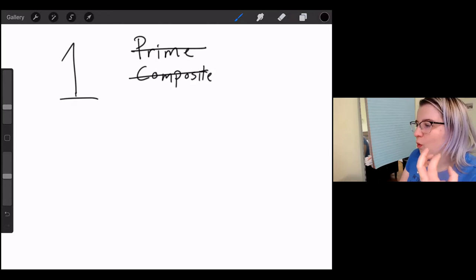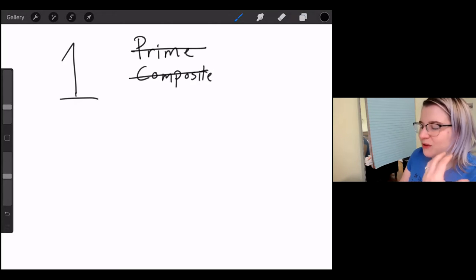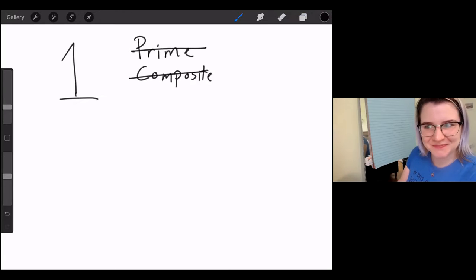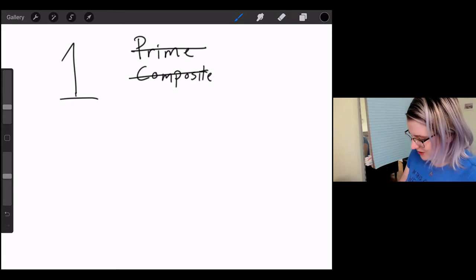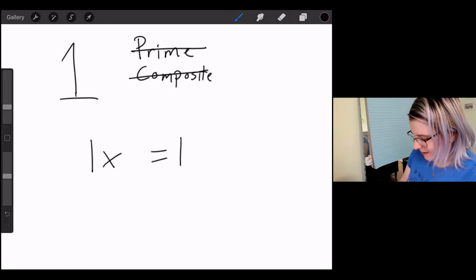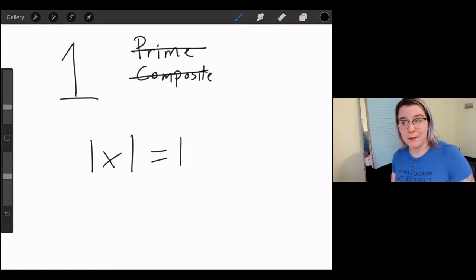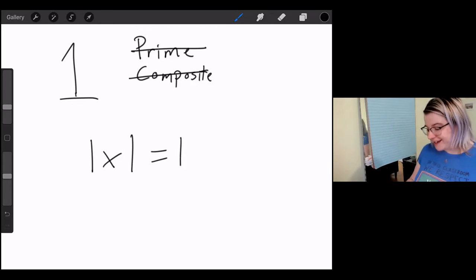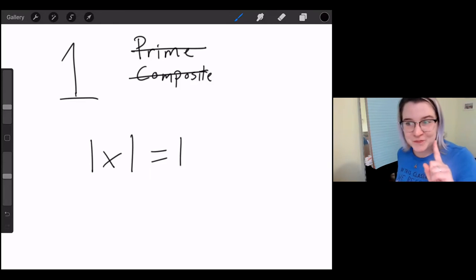The reason is that 1 only has 1 factor, because the only thing you can multiply to get 1 is 1 times 1. And remember, a prime number has 2 factors. A composite number has more than 2 factors. 1 has 1 factor, so it's neither.